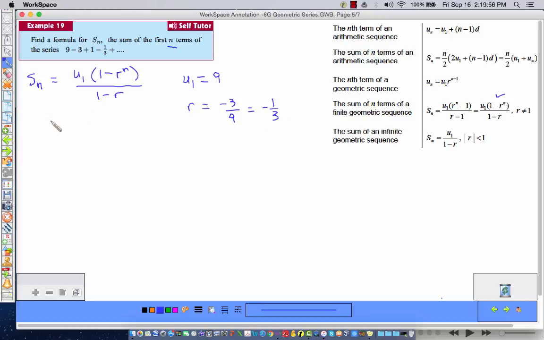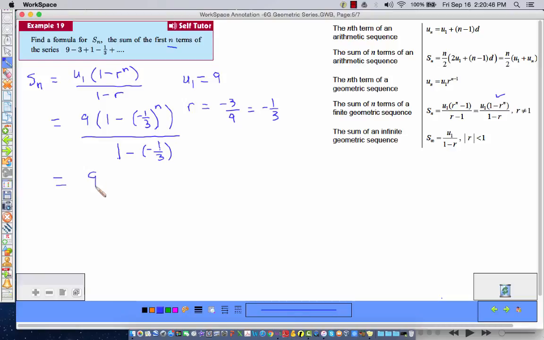So this would be equal to 9 times 1 minus a negative 1/3 to the n power all over 1 minus, common ratio is negative 4/3. No, it's not. It's negative 1/3. I was getting ahead of myself.